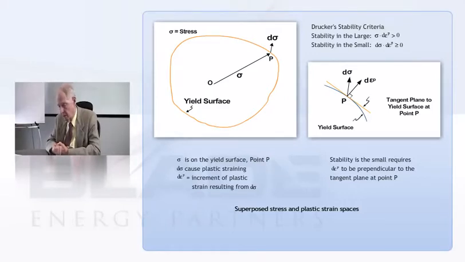This normality condition is not observed by everyone. So when someone is using a theory and they want to say, I've used normality, sometimes that's what they say. And sometimes they say, I'm using this yield surface with the associated flow rule. That means the normality condition.